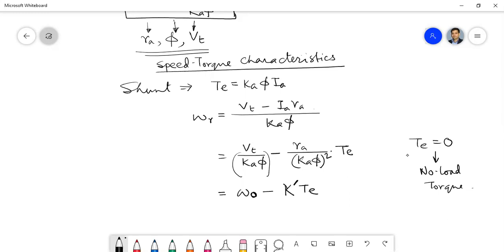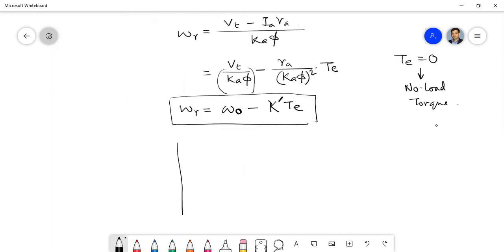And some constant we have into TE. So what type of curve will we get if we plot speed versus torque? That you have to draw now. Linear. So it's a linear curve with some intersection with the y-axis.